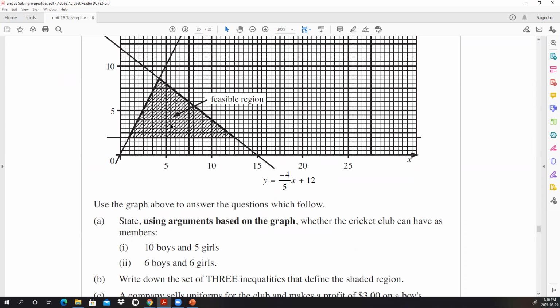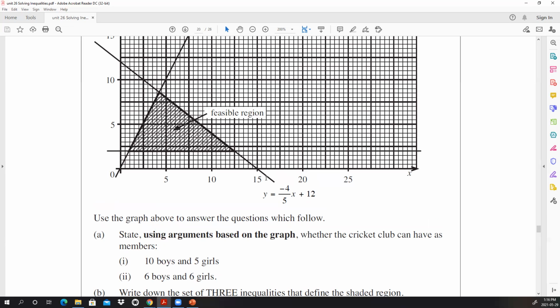And for this one, you just keep choosing a point. Once you know that this is the line, you choose a point here or here. Say you chose the point 5, 5. If you plug 5 into all of this, you get minus 4 plus 12, which is 8, and you get 5 here. So 5 would be less than 8.